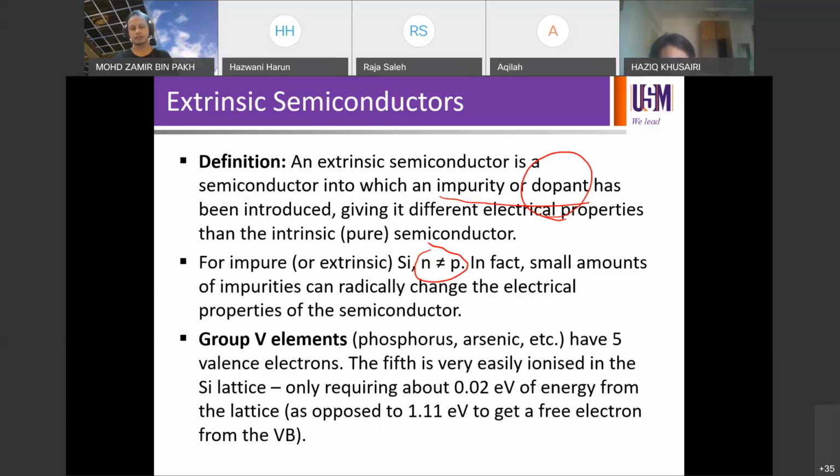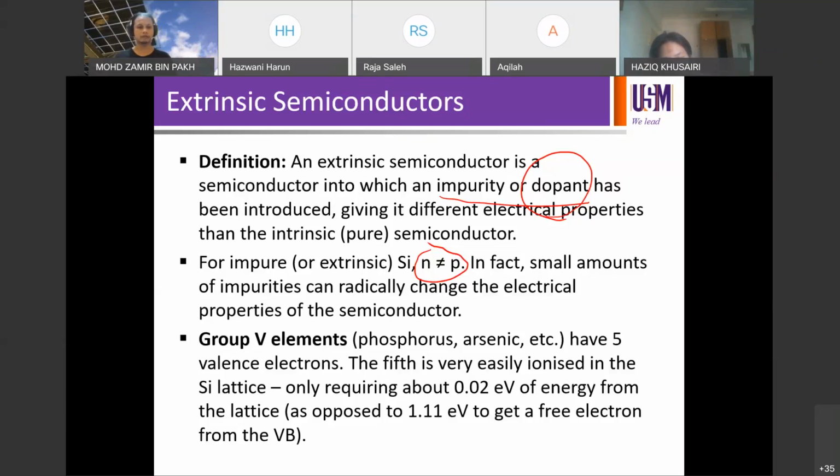You are introducing one sort of dopant into the lattice in order to get it more n-type or more p-type. More n-type means more electrons, more p-type means more holes. So certainly the number of n and p is no longer equal, because you are skewed already to a certain conductivity, to a certain polarity.